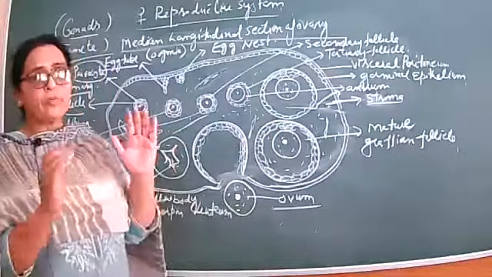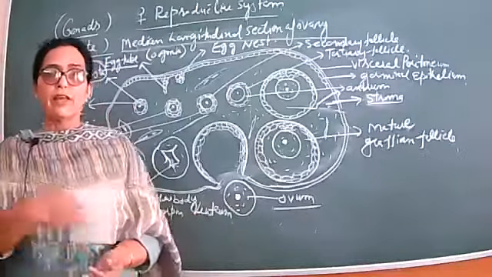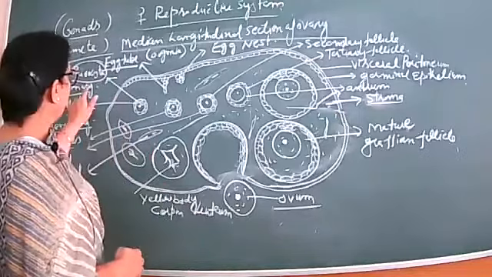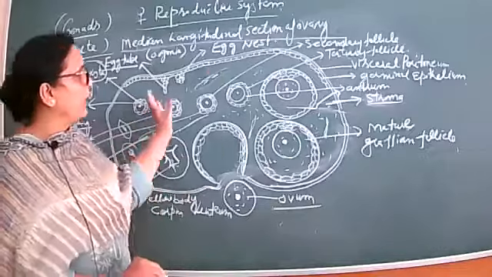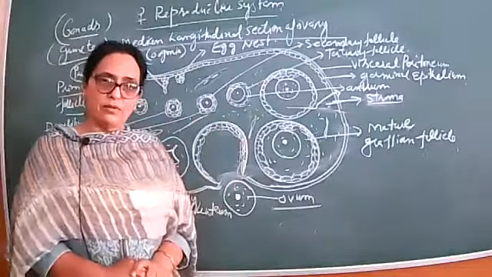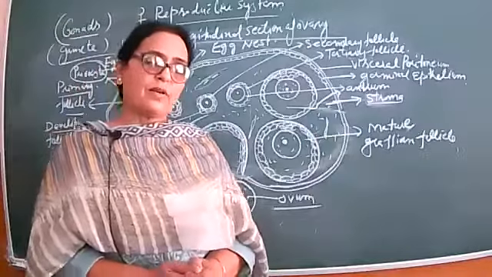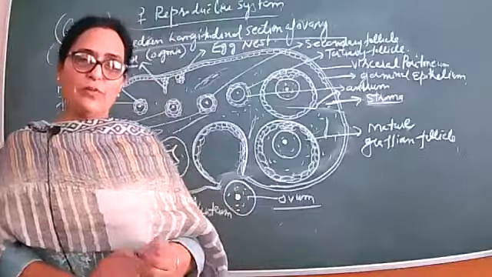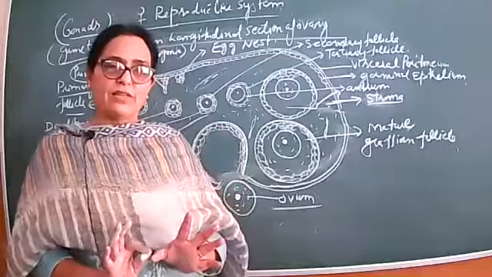So from birth, through childhood, till puberty, all these primary oocytes will be arrested in one stage, and that stage is known as prophase 1. You have studied meiosis: prophase 1, metaphase 1, telophase 1, all these stages are there, and in the prophase 1 stage the cell will be arrested.